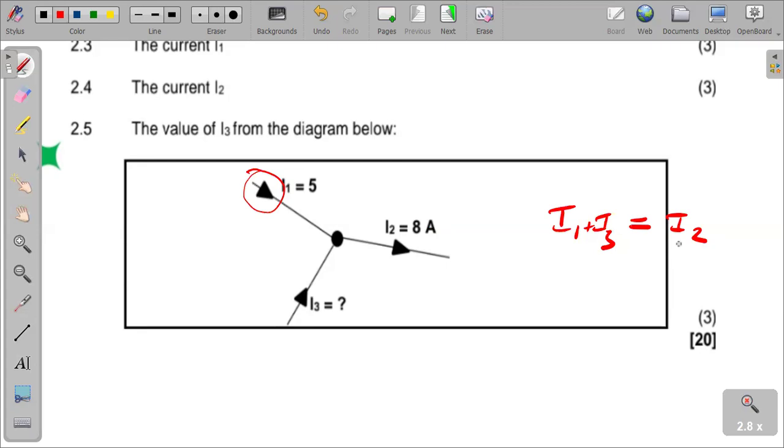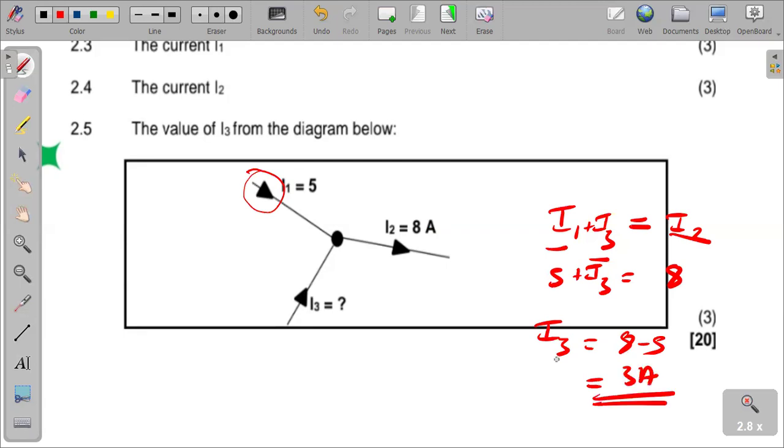Therefore, due to that, we can create an equation to solve it. 5 plus I3 is equal to 8. We are simply substituting I2, we have it. I1, we have it. We don't have I3. So that's what this question is asking. So making I3 the subject, I3 is equal to 8 minus 5, and that will definitely give us 3 amperes. We have answered this question just like that. Right, so having done that, let's quickly go to the next question.